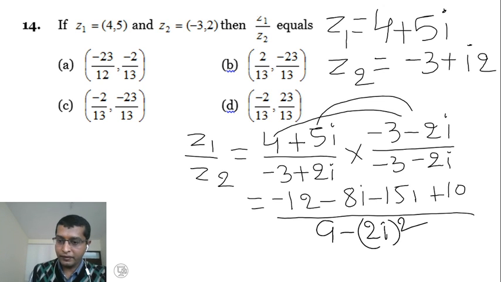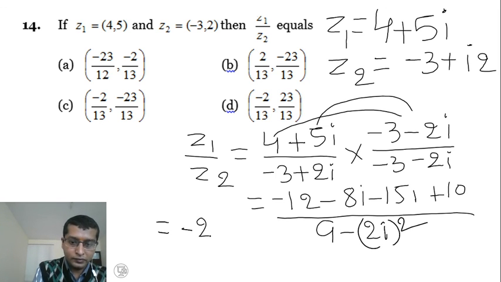So if we simplify, -12 + 10 gives -2, and i^2 is -1, so 9 + 4 gives 13.